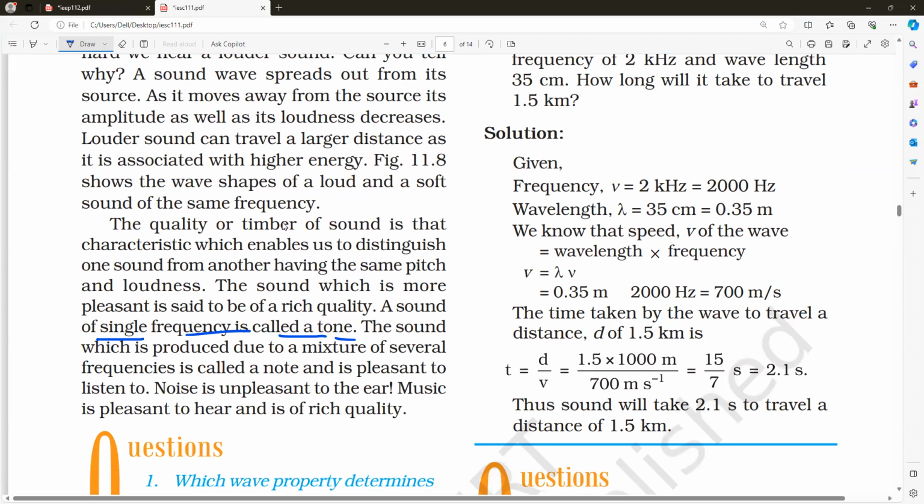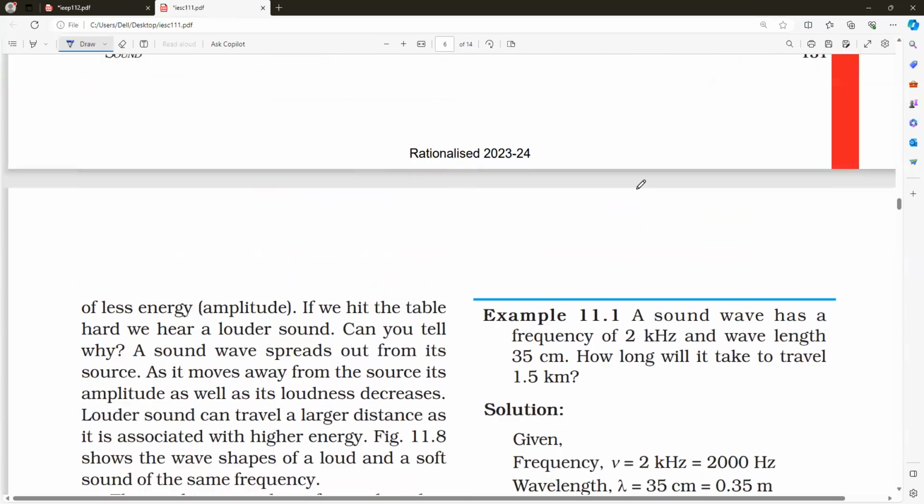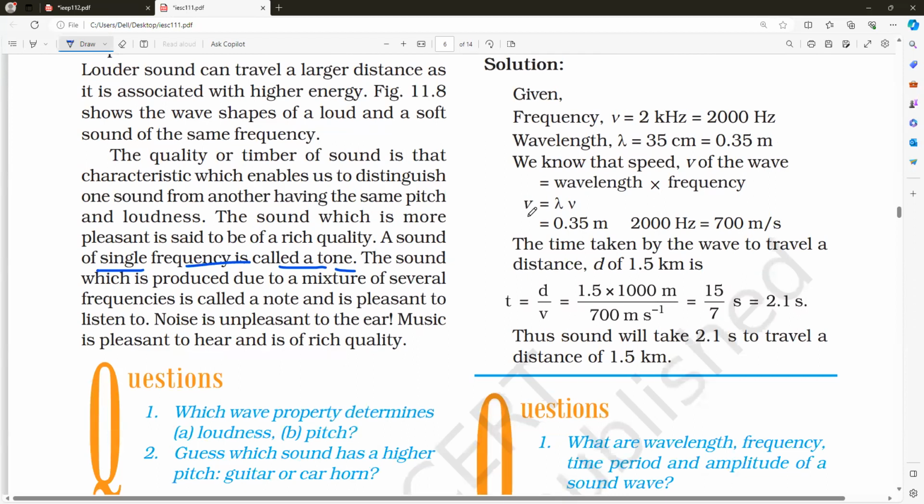It is in the next line itself: the sound which is produced due to a mixture of several frequencies is called a note, and it is pleasant to listen to. For example, musical instruments like the guitar and sitar have multiple strings, and they produce multiple frequencies. That is what we call a note. Understood? So tone and note.